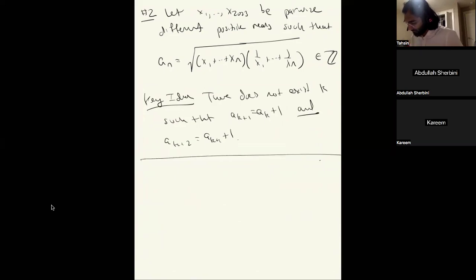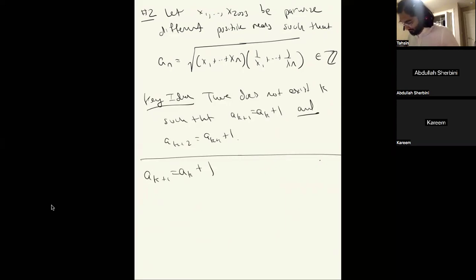Yeah, so you're saying that if I say, so first you're saying I should write AK plus 1 equals AK plus 1, and you're telling me that this allows me to write xn in terms of the other ones. Is that the idea?